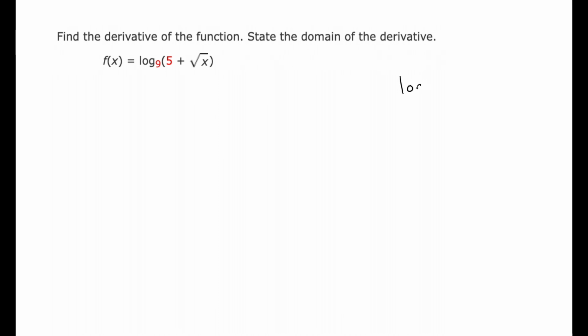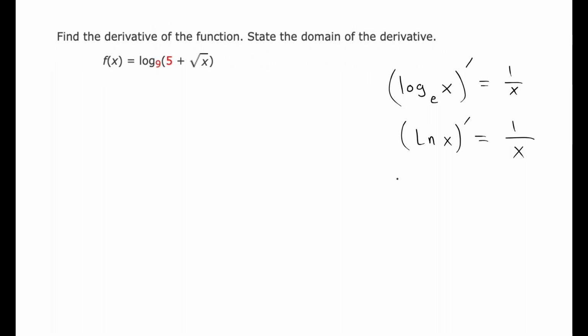Log base e of x is the same as the natural log of x, and we know that natural log of x has a derivative of 1 over x. So that's what we'd really like to have, a base of e, so that we could find that easily.